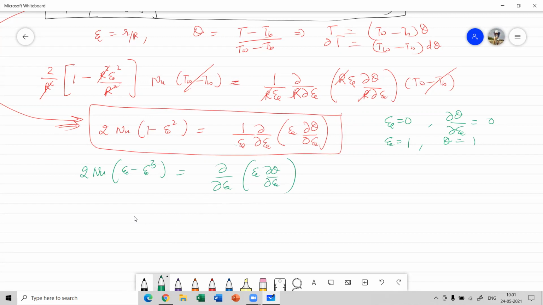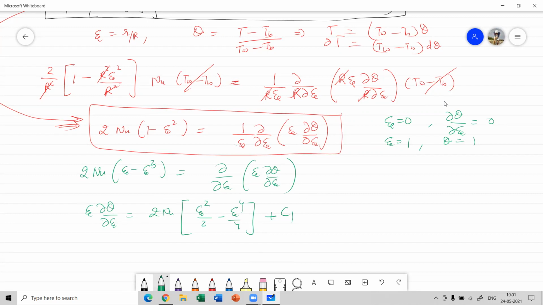So integrate this. What we have is 2 Nusselt number into zeta square by 2 minus zeta 4 by 4 plus some constant C1.